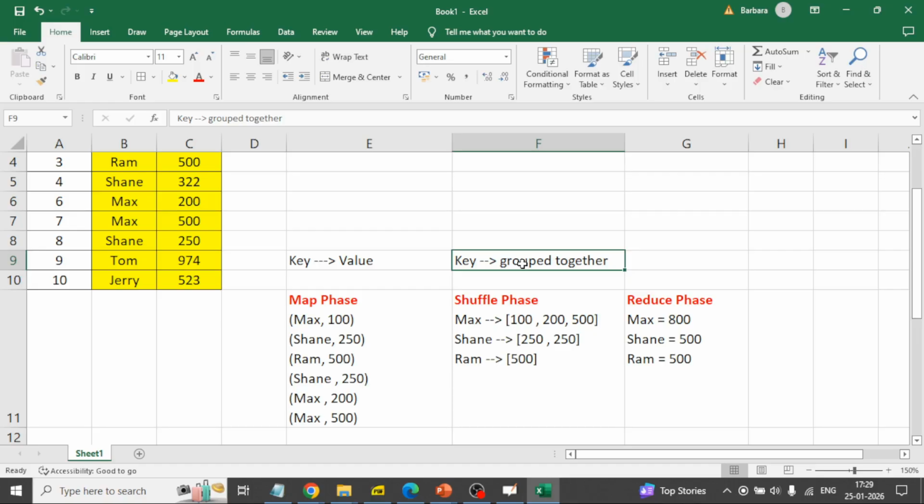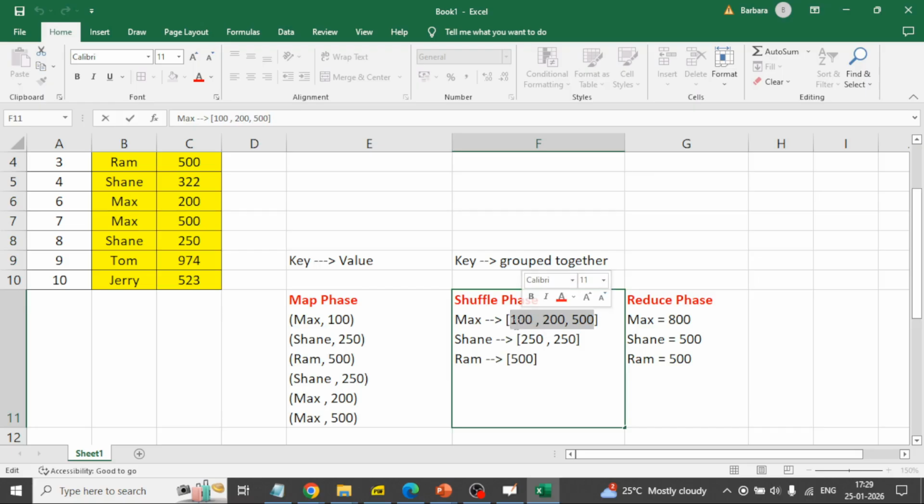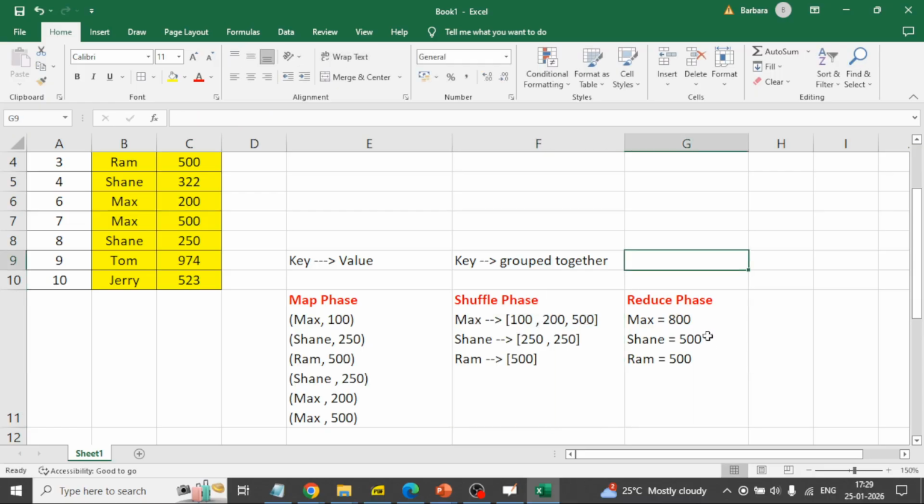That's it. So in the reduce phase, the actual calculation happens. If I apply a logic in my code to find the sum of all the amounts placed by Max, it could be 100 plus 200 plus 500. So this is the final output. The total amount of orders placed by Max is 800.